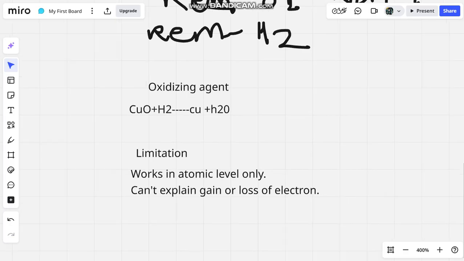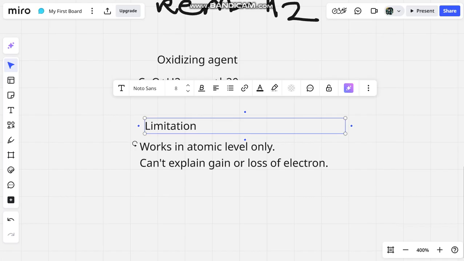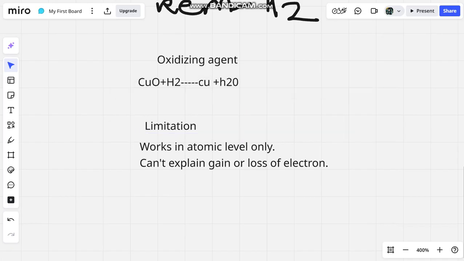And then we're also going to be looking at the limitation of the classical concept. We have reached the end of this video. Now, what is the limitation of the classical concept? Why do we need the electronic concept? Why do we need oxidation numbers? Well, as you can see in this line, it works at the atomic level only.